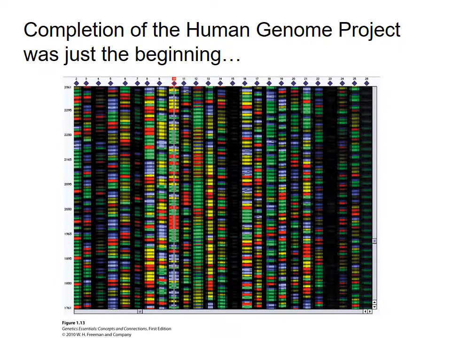Now in 2001, maybe 2003, you have the completion of what's called the Human Genome Project, and we'll talk about the Human Genome Project in chapter 15. But that was really just the beginning of the modern age of genetics. So this picture shows how we used to do DNA sequencing, which looks really highly technical, but now it's even more advanced.